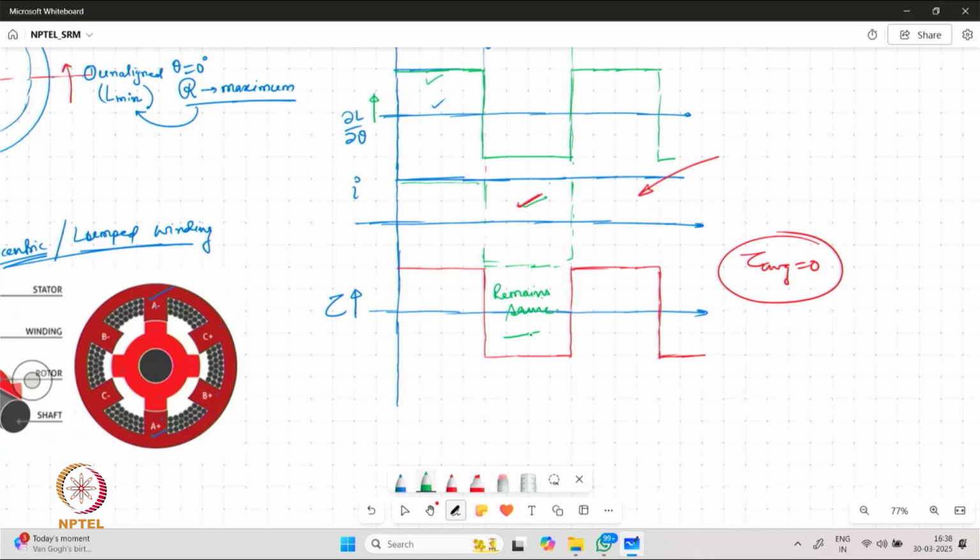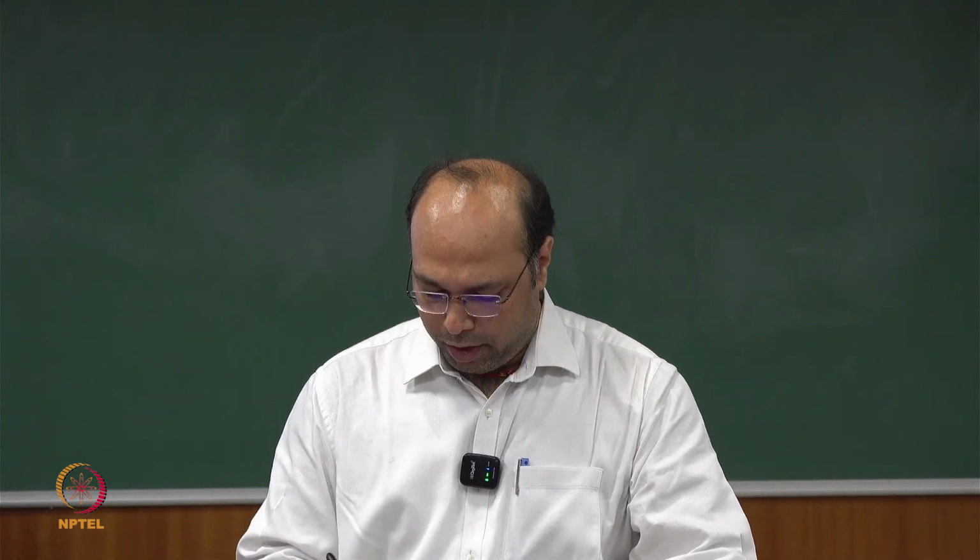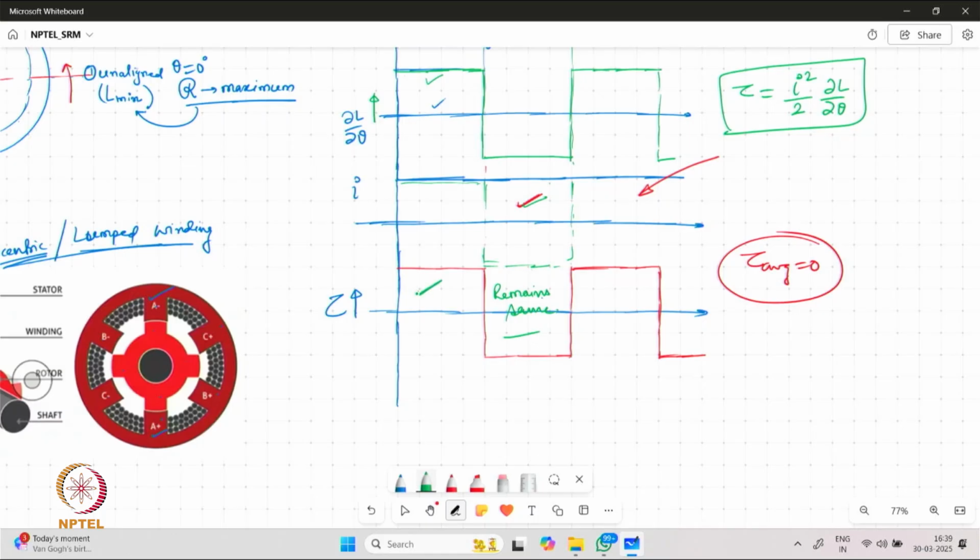This is due to the reason that torque is proportional to I square times half of dL by d theta. So any change in direction or polarity of the current is not going to affect the direction of torque. Hence, we need to have an arrangement where we should be able to generate only a unipolar or unidirectional torque in order to maintain a unidirectional omega.